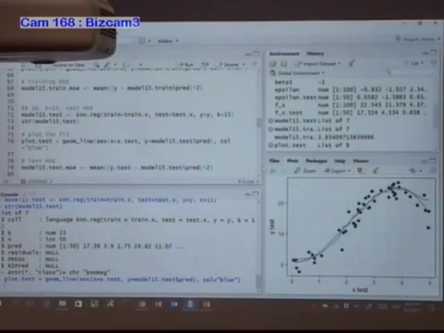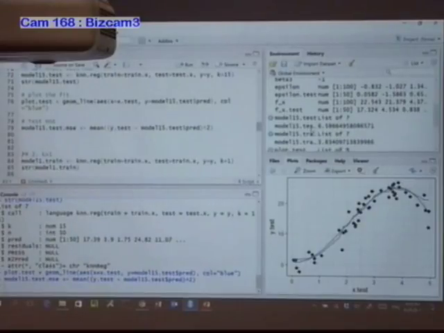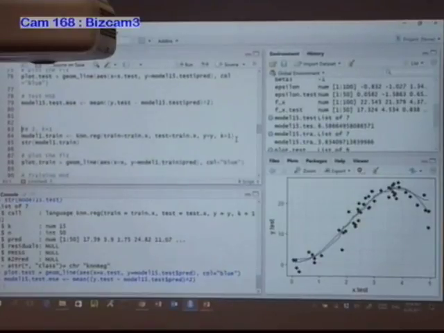So I plot that blue guy. That's the blue line. So test error. Where's the test error? Test error is much larger than the training error. Never mind. That's k being 15.